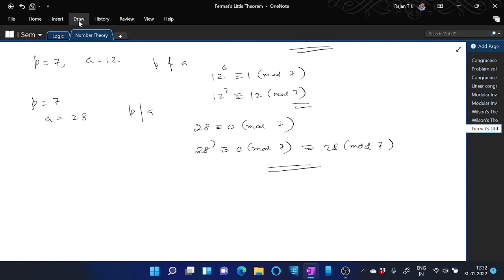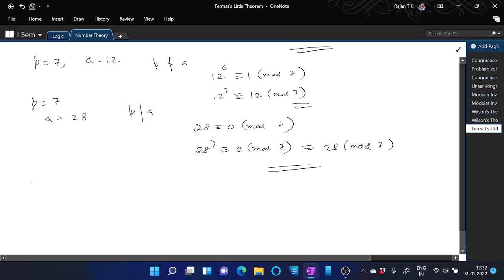Now there is another theorem, which is again an application of Fermat's little theorem.